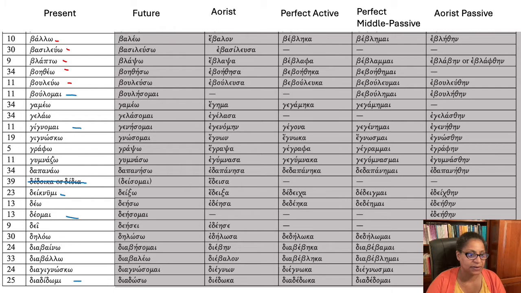And dei here is just the third person singular, because it's an impersonal verb, so it really fits into the omega group. You have some omegas that are contracts, so epsilon, alpha, right? Here you have an epsilon. This is an epsilon contract, impersonal verb. Okay. All right. So these are the types of verbs.